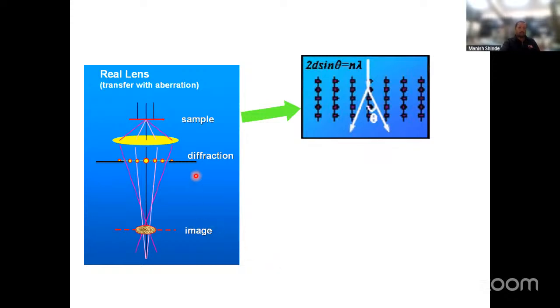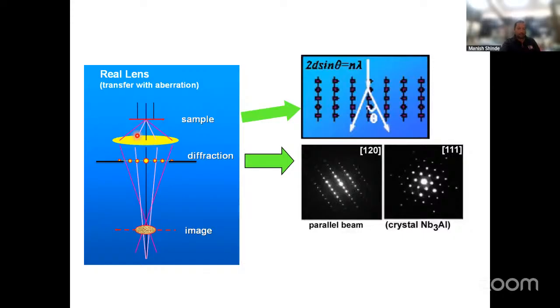So, this kind of imaging is obtained. When the electron beam falls on the sample and you obtain the image at a certain location, you will get this kind of image of the sample. But if you capture the image at the intermediate location, you will get the diffraction information, and you will get this kind of diffraction spots.